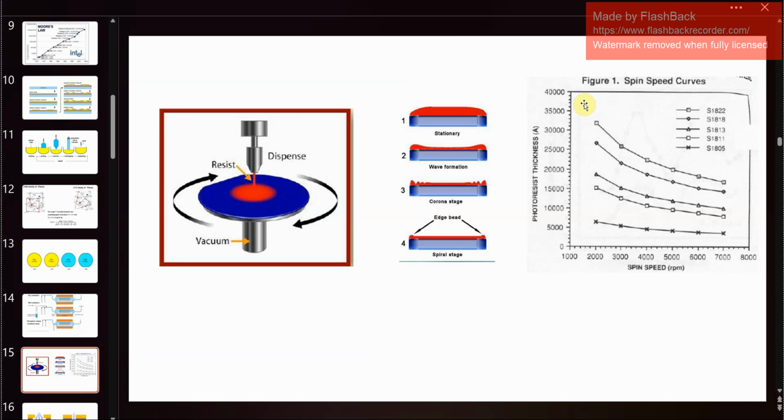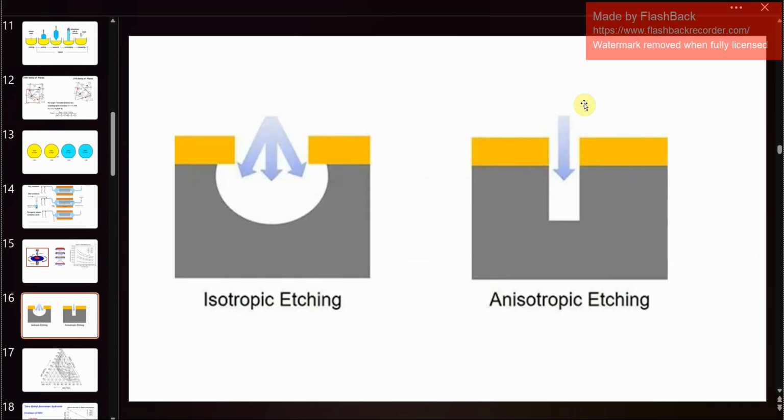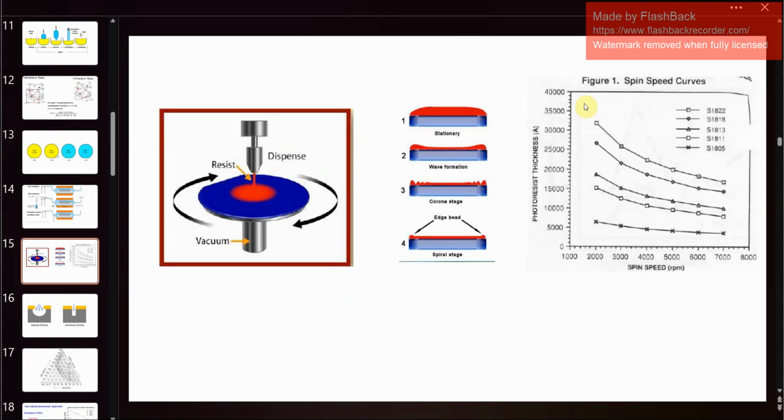You actually need to work with a particular photoresist to find out the exact parameters for that particular resist. Then after you do all the resist coating, you do the photolithography.